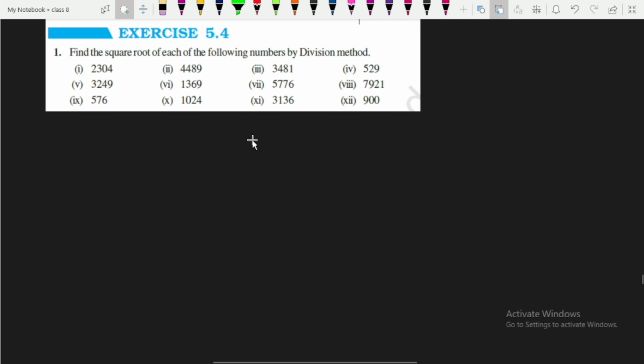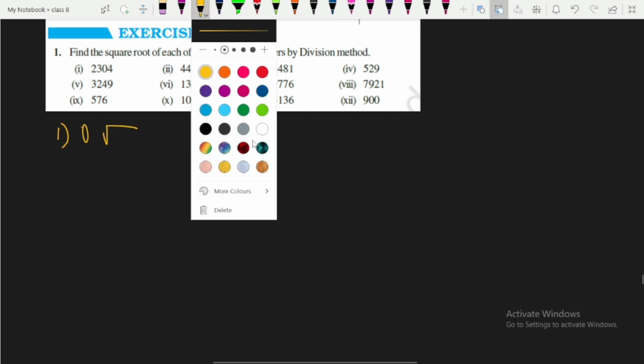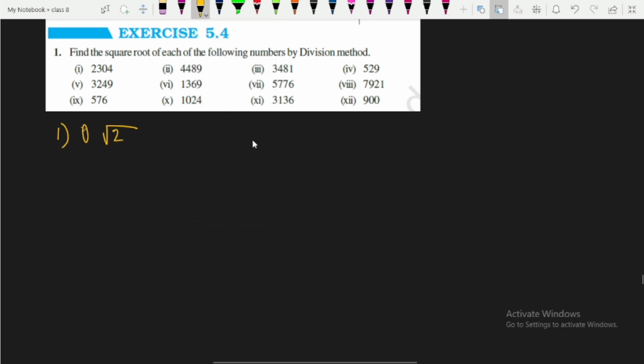We'll take the first sum, that is, finding the square root of 2304 by division method. So first we have to write 2304.